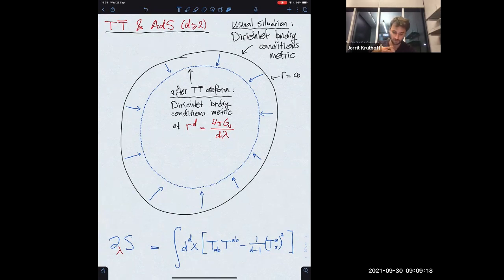And that gives a deformed dictionary, so a change in the dictionary.